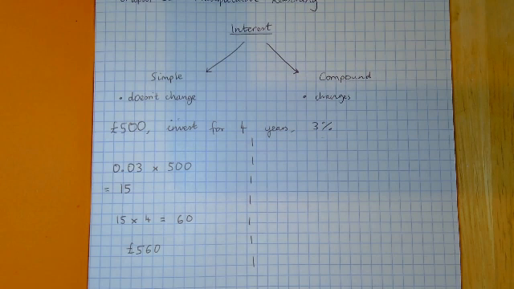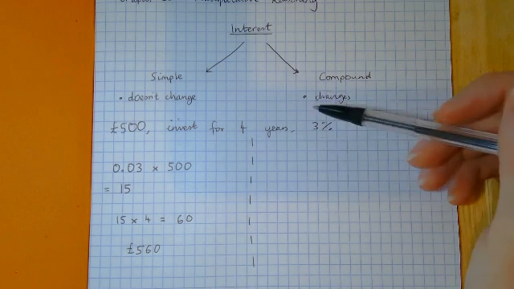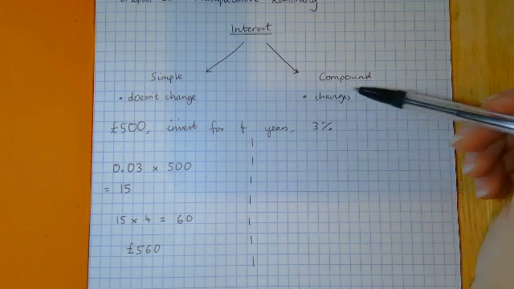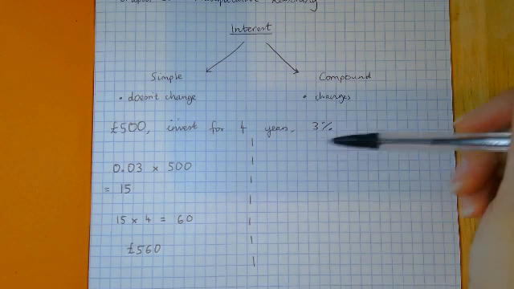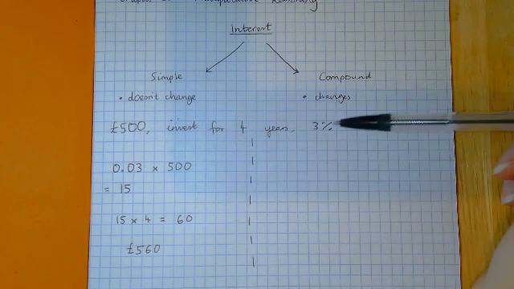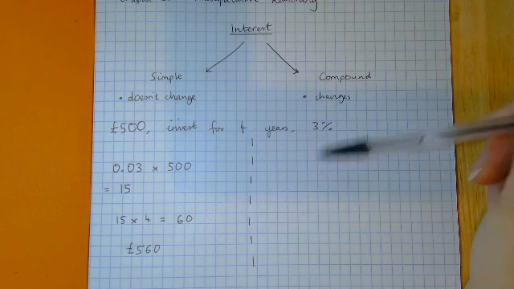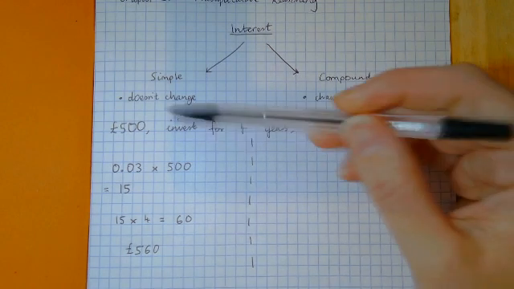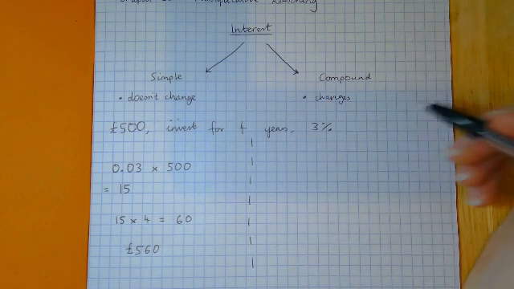That wasn't too difficult. Compound interest, however, says, right, so in the first year, you're going to earn 3%, and then we'll add that 3% onto the 500. So now you've got £505. And then it says, well, in the next year, I need to work out 3% of that new price.